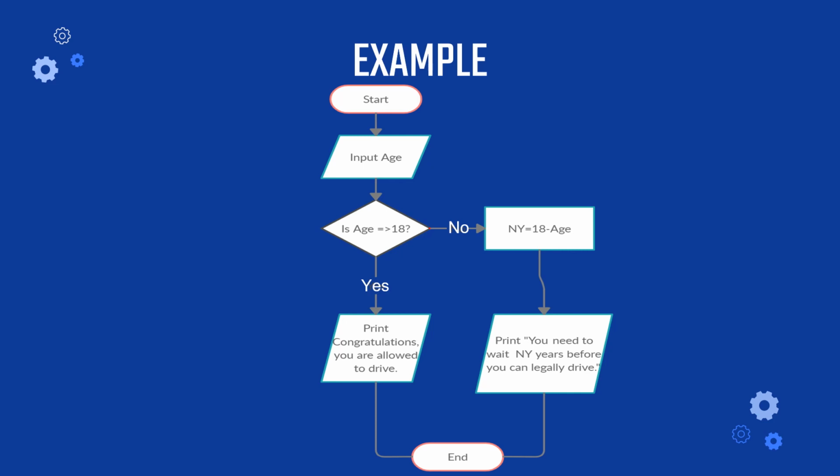So, for example, nag-input si user ng 15 years old pa lang siya. Is age greater than or equal to 18? Ibig sabihin, hindi, kasi 15 pa nga lang siya. So, ang gagawin ni program is ima-minus niya. So, need year is equals to 18 minus 15. Ibig sabihin, 3 taon pa yung kailangan niya bago siya makapag-drive.